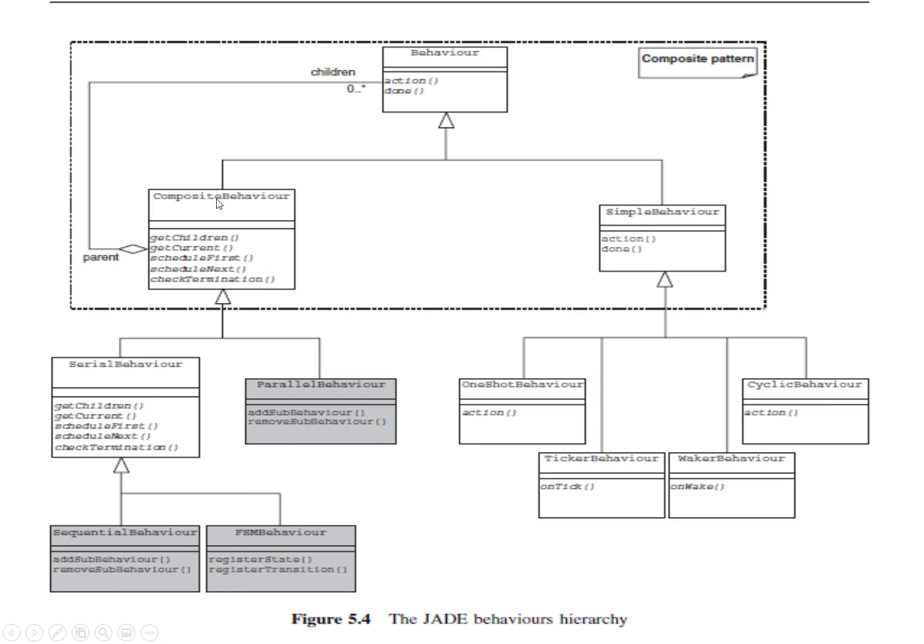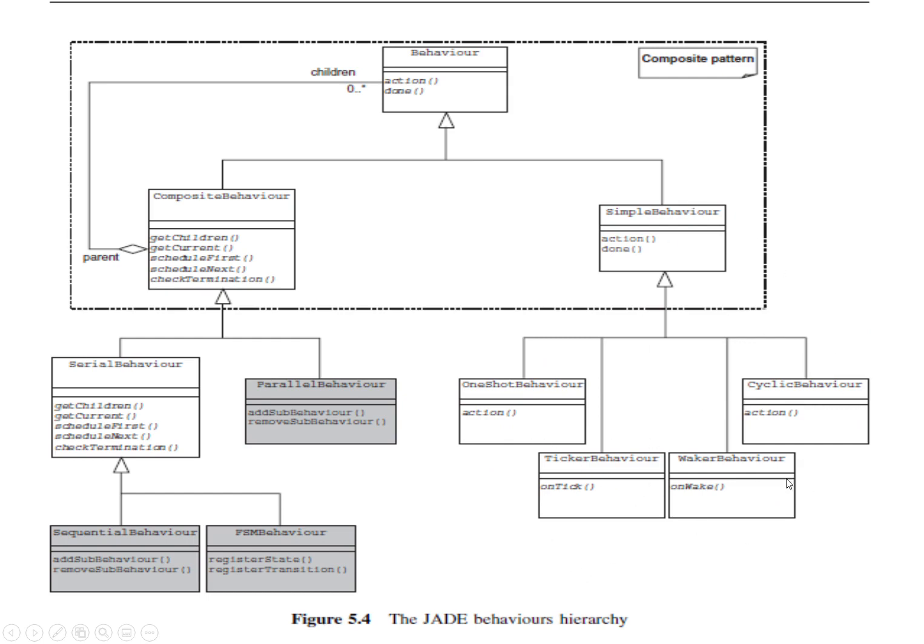But like I've already said about composite behaviors, you'll notice that it already has the ability to schedule who should be first, who should be next, as well as check termination and do many other things, because it manages that process. Whereas simple behaviors have under them the behaviors you're already familiar with, which are the one-shot and cyclic behavior, and more on the general side you also have the ticker behavior and the wake-up behavior.